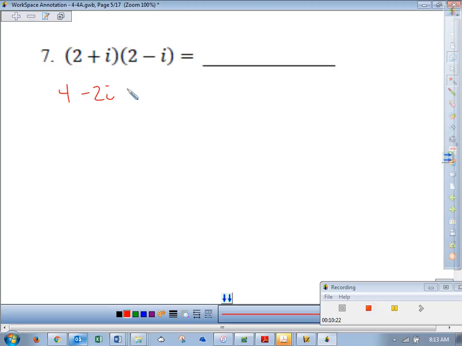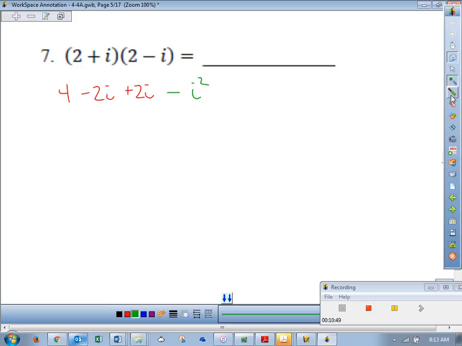Inside terms times each other, positive 2i. And last terms times each other, what would i times negative i turn out to be? Should it be positive or negative? Negative. And then just treat it like a variable. If you know what x times x is, you know what i times i is. What's i times i? i squared, right? And it was negative. Y'all cool with that?